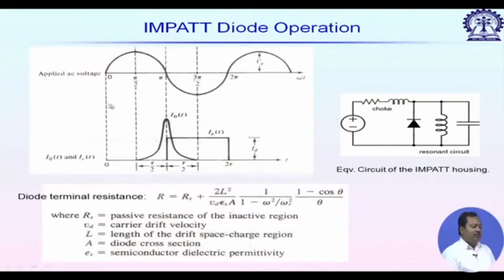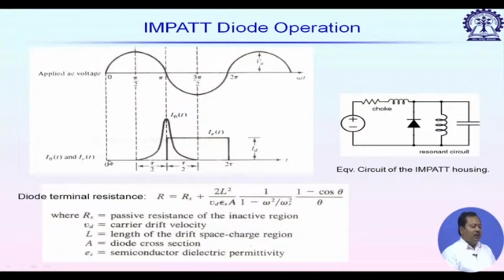So, if I look at this picture, it shows the applied AC voltage versus omega t, and the second picture shows the electron hole pair generation and the current due to that. When the AC voltage crosses this 0 point, it is positive and the diode is in breakdown mode.